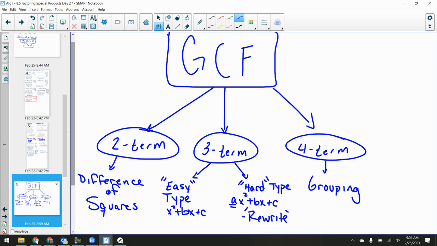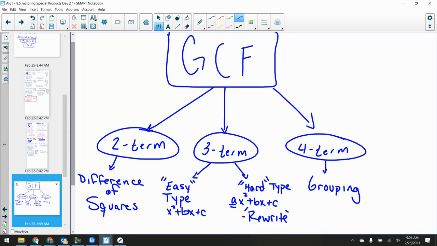If it is, then you put it into your 2 parentheses. If it's 3 terms, after you check for a GCF, you determine whether it's an easy type or hard type. You know how to determine whether it's not factorable. If it's 4 terms, after you check for a GCF, the only possible thing is to group the first 2 and last 2 and see if it's factorable by grouping. If it's not, then it's not factorable.